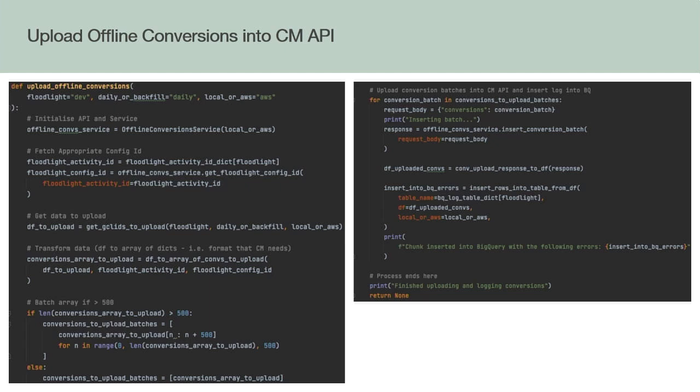Within Campaign Manager, you have a few floodlights which we can then use as conversions on Search Ads 360 and on Google Ads. So basically, what we need to do is tell the API, okay, we're going to use this floodlight ID, which we can name, for example, lead predicted value.